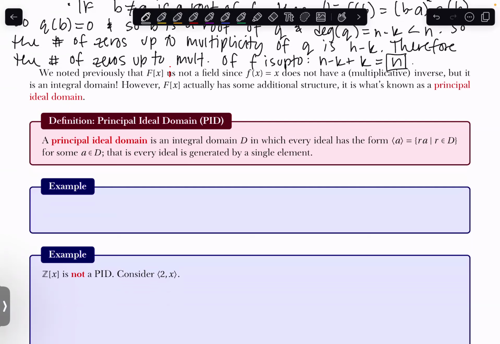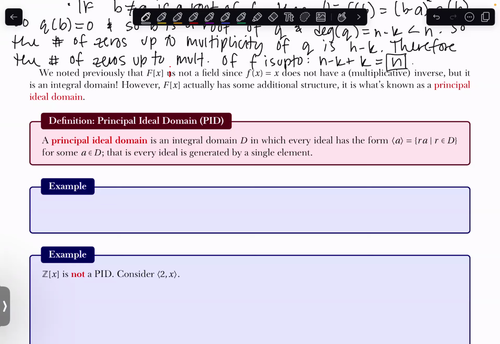First we need to be an integral domain, so that's where the domain part comes from. The principal ideal part is really saying that every ideal that you have is going to end up being principal, so every ideal is going to be of this specific form for some a inside of your integral domain.